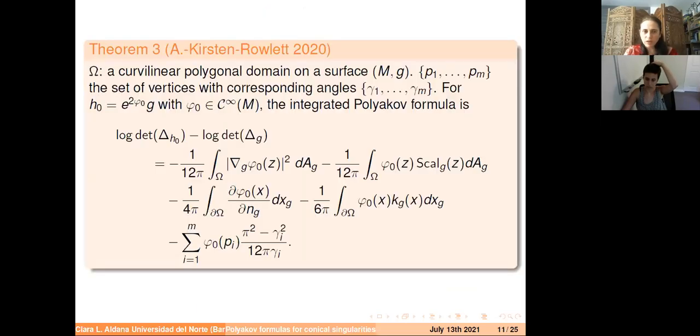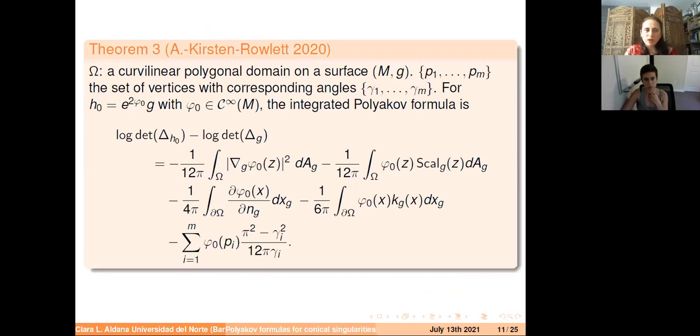So we have this formula for curvilinear polygonal domains on surfaces. The formula is the same as before, but now we integrate over omega. So we have the contribution again of the interior in these two terms, the contribution of the boundaries, and the contributions of the vertices here.